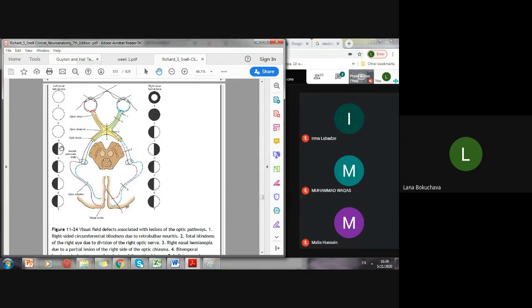So what should we remember? When we saw the distribution of the information, we said that one of the most important things to remember is where we have the visual fields.